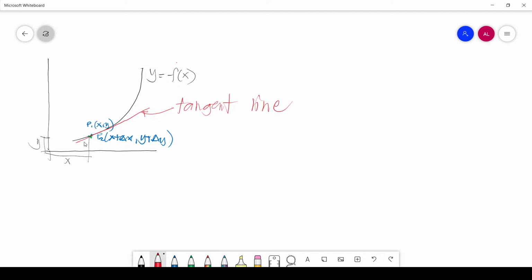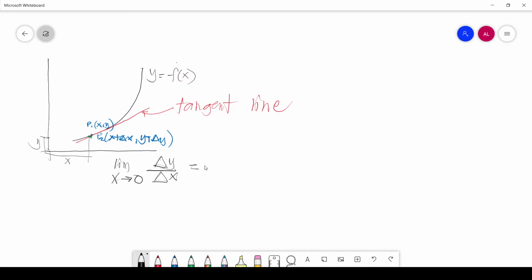The slope formed by the tangent line can be written as the limit of delta y over delta x as delta x approaches 0. So that is the slope of the tangent line.